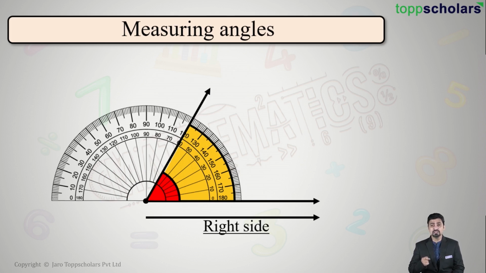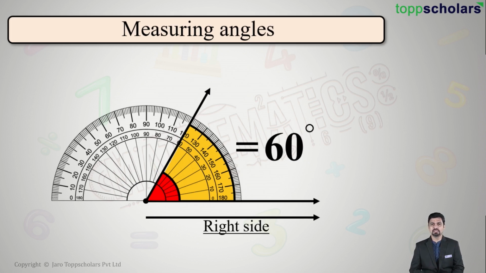Students, focus on the inner scale. The inner scale starts with 0 on the right, goes on till 60 on the upper arm or the second arm of the angle. What is the measure of the angle here? Yes, it is 60 degrees because the second arm coincides with the 60 mark on the protractor. Have you understood, my dear students?